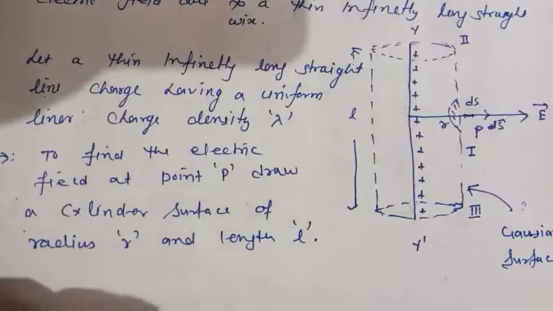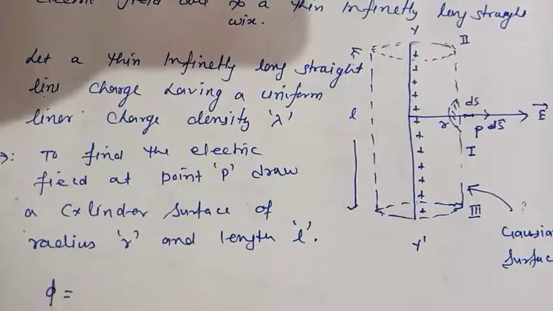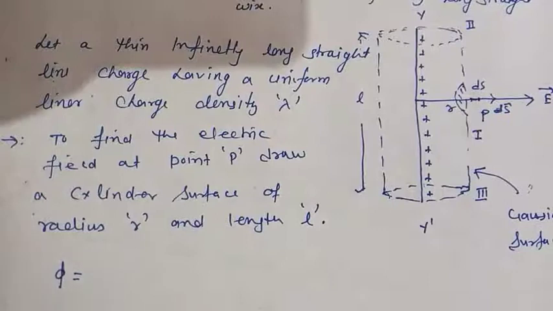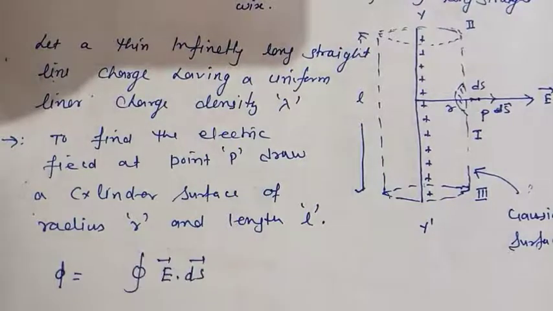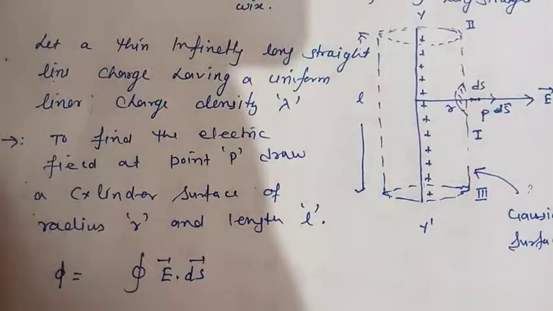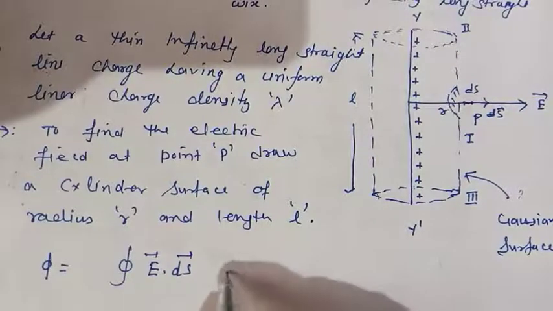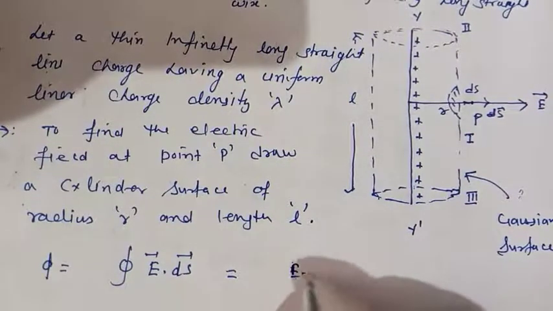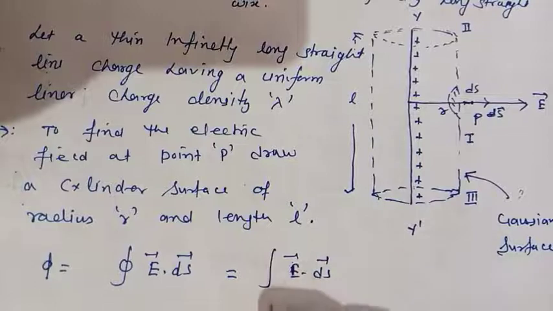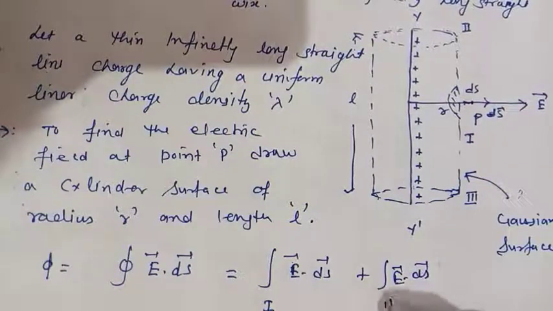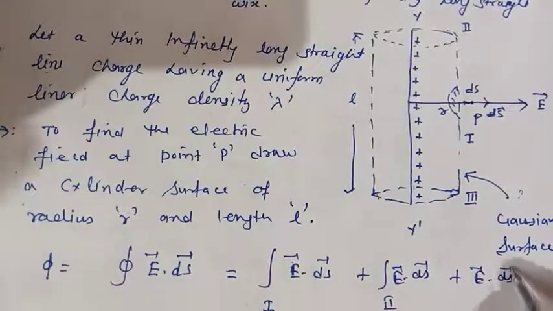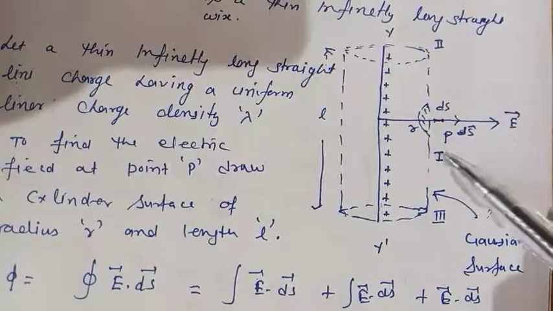Now electric flux phi is equal to, what is electric flux? Electric flux, you know, is the dot product of electric field and area vector. So it is equal to E dot ds for the first part plus second part plus third part, because we have divided it in three parts.